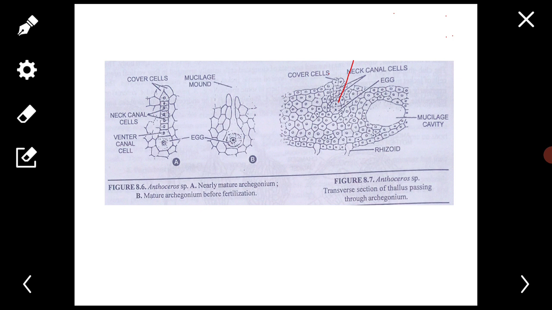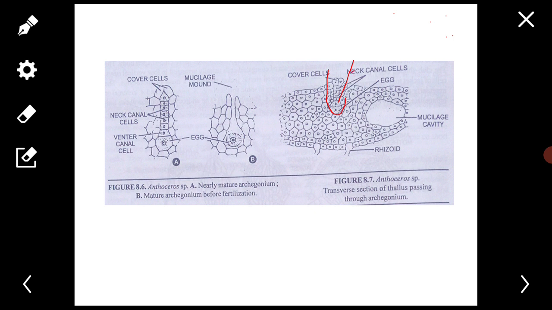They are usually found close to the growing point. Externally, a mature archegonium is marked by a mucilaginous mound which appears funnel shaped. That is, this is the funnel shaped.